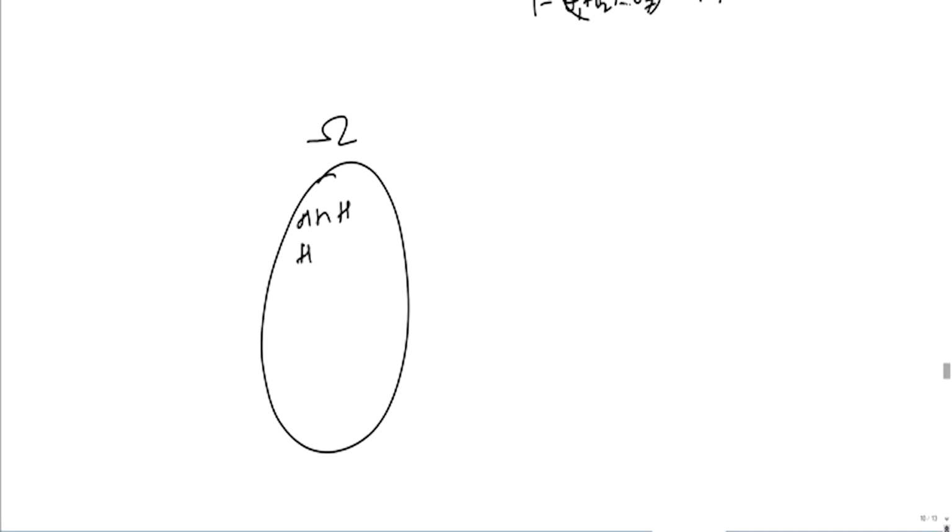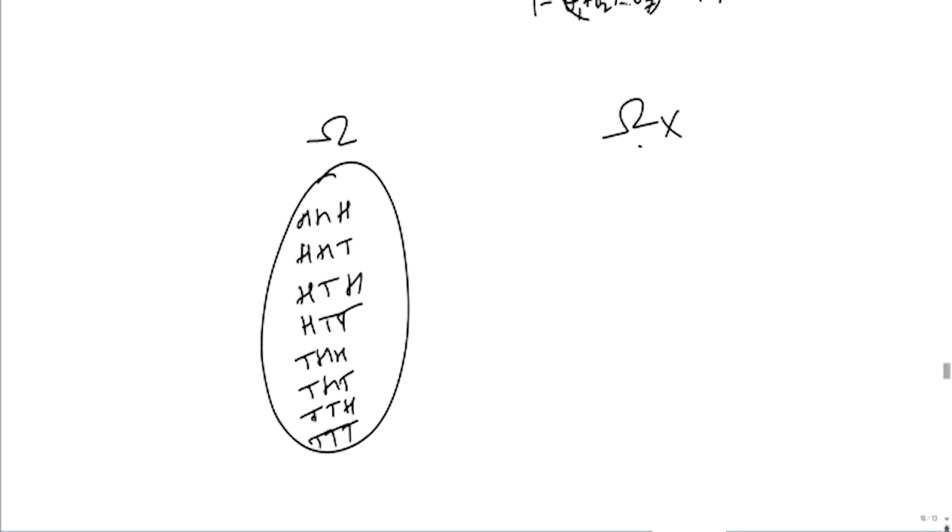HHH, HHT, HTH, HTT, THH, THT, TTH, TTT. If we can transform this sample space to another space which is numeric. If we can somehow transform this discrete categorical space to a more convenient numeric space, then we can easily define our probability assigner functions.